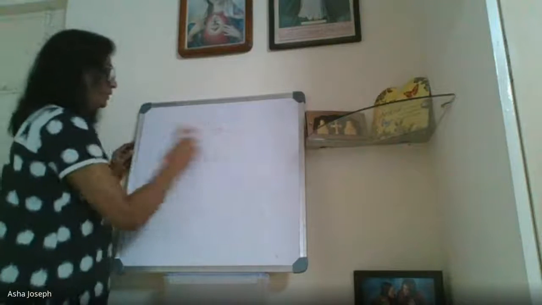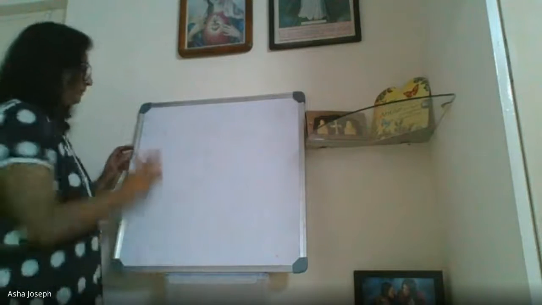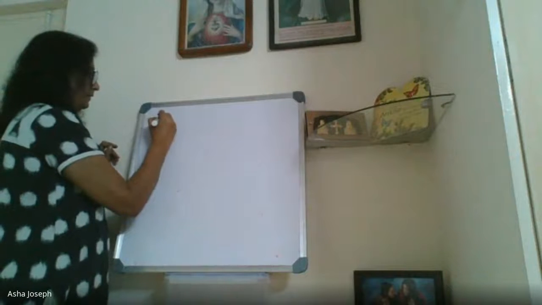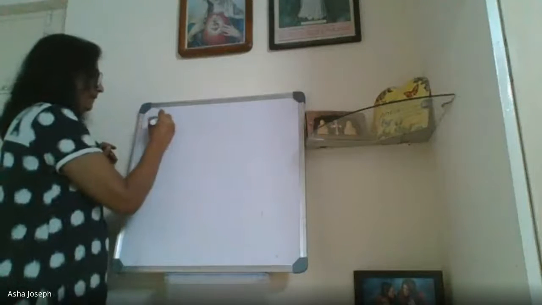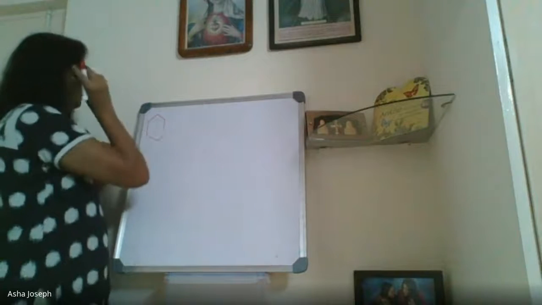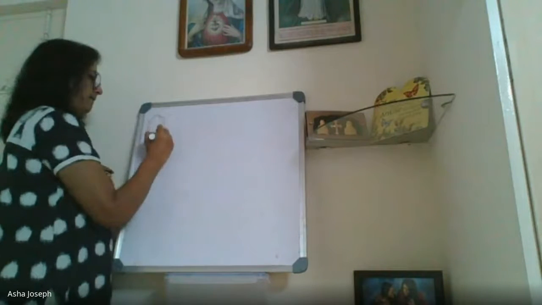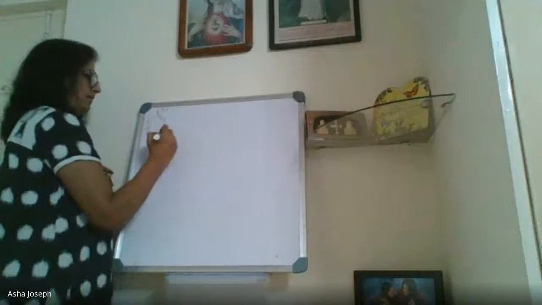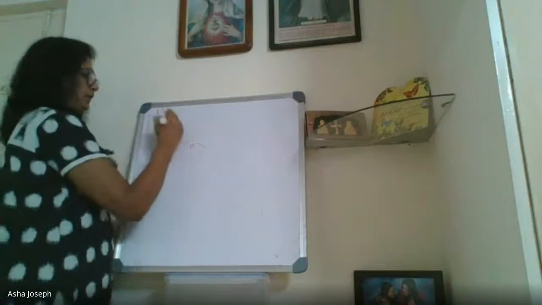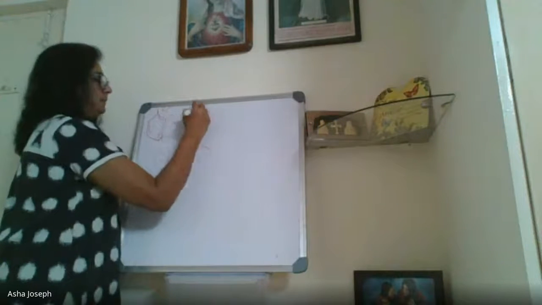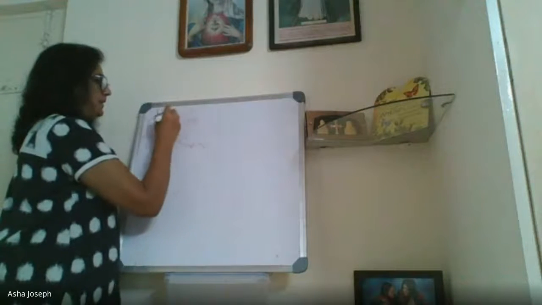I have to draw small one so that you can see. The NO2 is in the meta position, ready to withdraw. OH minus will come. It will come here, isn't it?